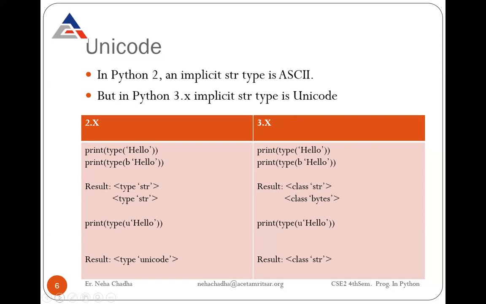Again, I am repeating the difference between Unicode and ASCII. ASCII accepts only English language and some numerics. But Unicode accepts all combinations of emojis, other languages, any type of language.